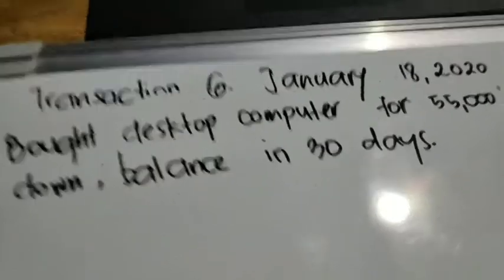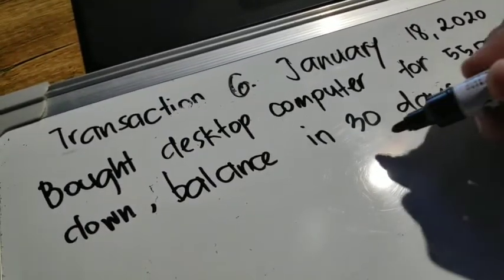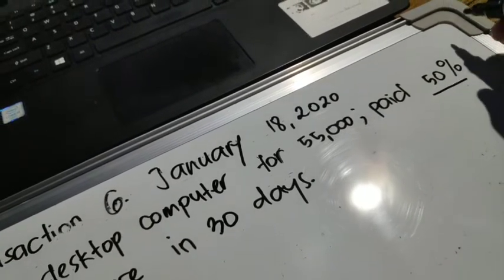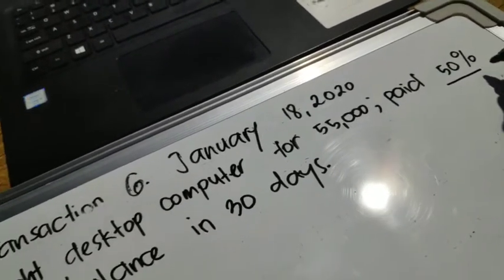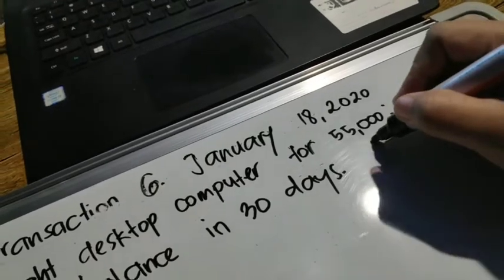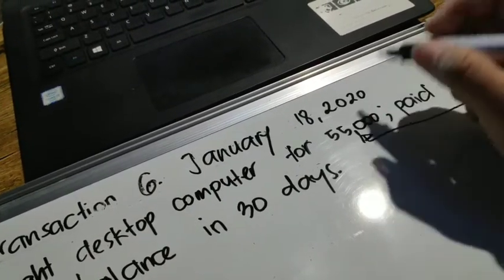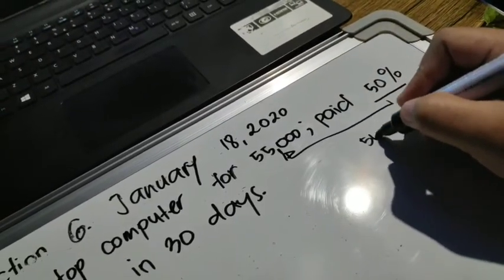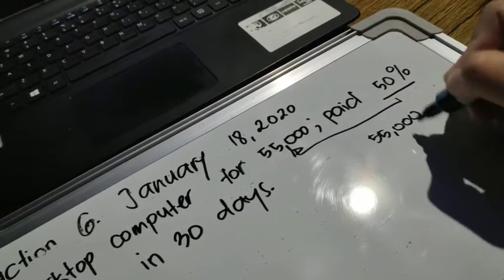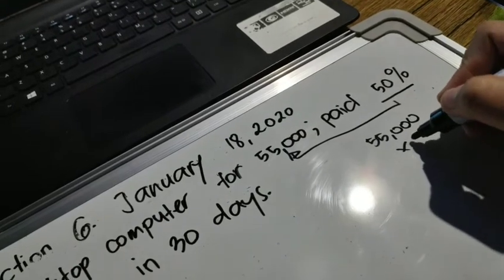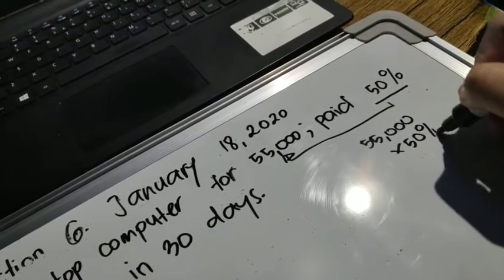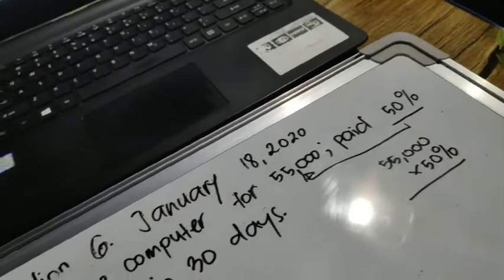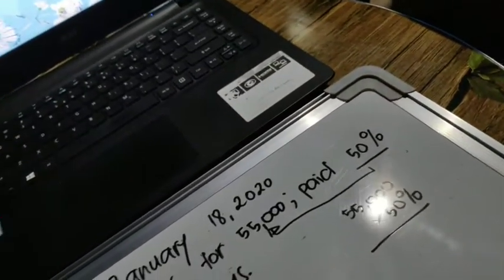days. So in this particular problem, you as the company paid 50% from this whole amount. And then from this whole amount, for example, 55,000 times 50%, let's solve.